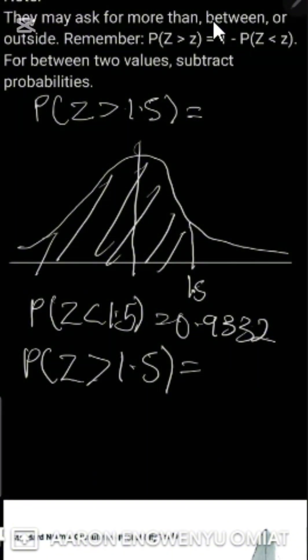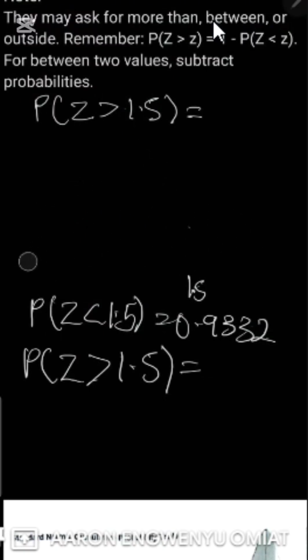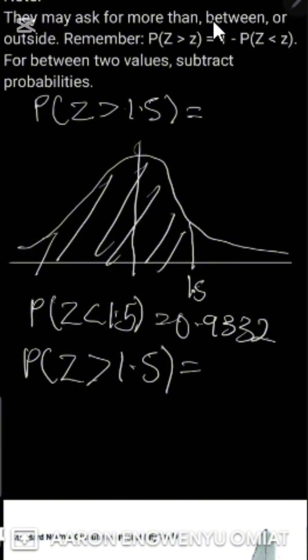Yes. Good evening, Nico. Before rubbing that thing, could you please take it back? I think when you're drawing, where you put the 1.5, you're supposed to put there the probability, which is 0.9332. Is this what you mean?